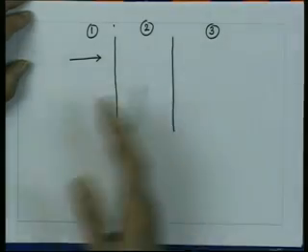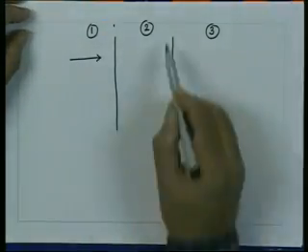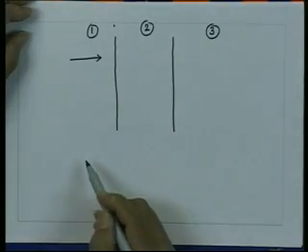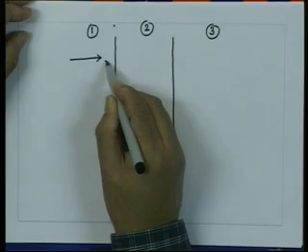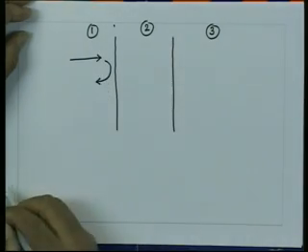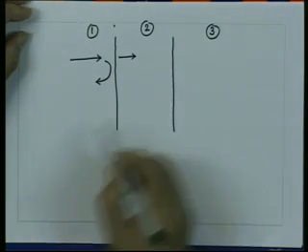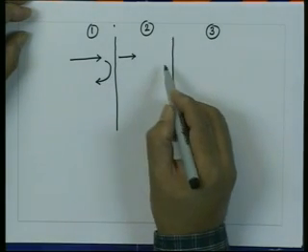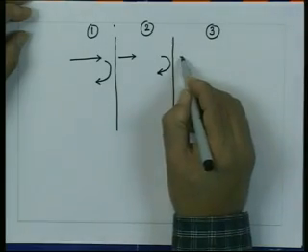So, we have two media interfaces, one from 1 to 2, another from 2 to 3. The wave is incident on this boundary, it sees a reflection and part of the energy is transmitted from here. This energy travels all the way up to this boundary, then part of the energy is reflected from here, part gets transmitted.